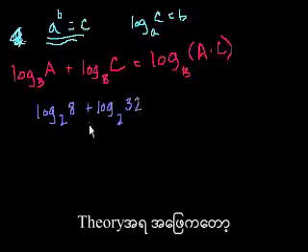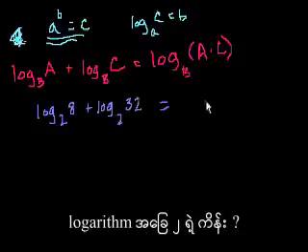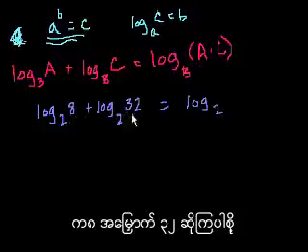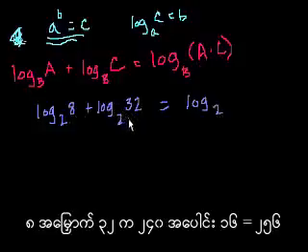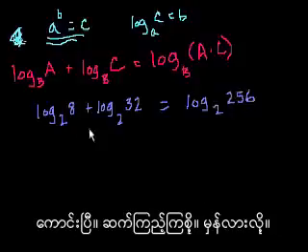In theory, if we believe this property, this should equal logarithm base 2 of what? Well, 8 times 32. So 8 times 32 is 240 plus 16, 256. Let's see if that's true.